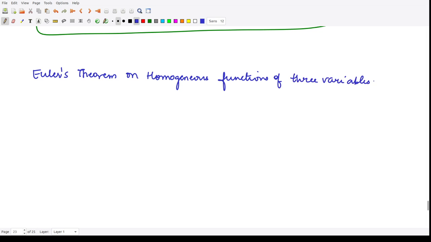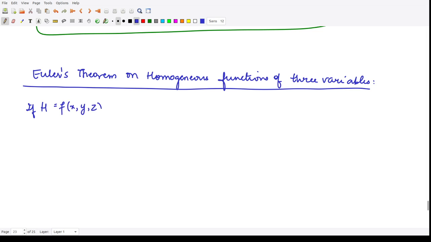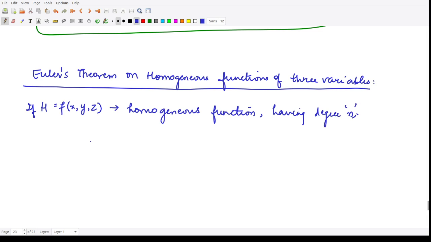The result says that if h is some function of three variables x, y and z, which is given to be homogeneous of degree n, then we have x into del h by del x plus y into del h by del y plus z into del h by del z, and this is equal to nh.